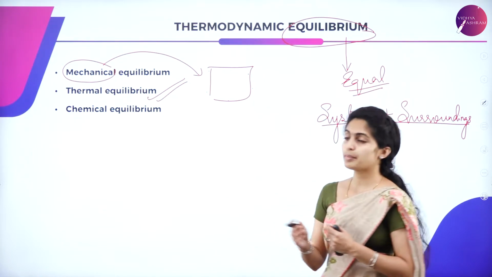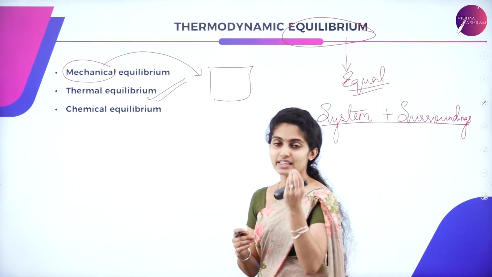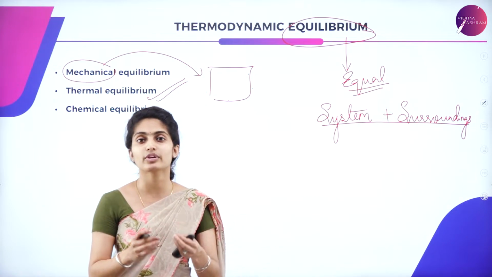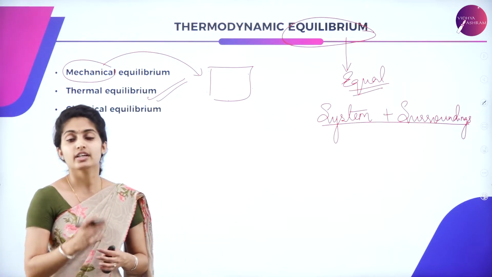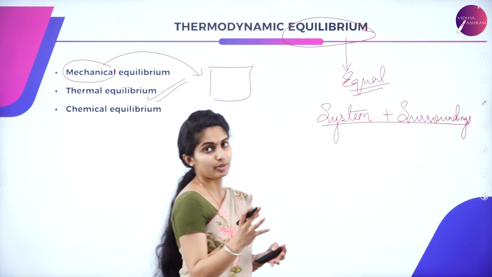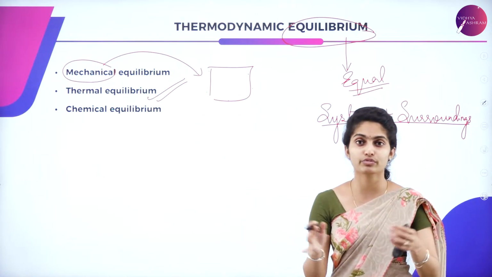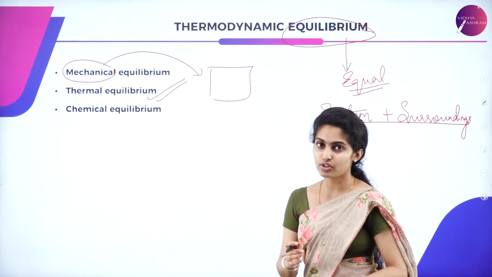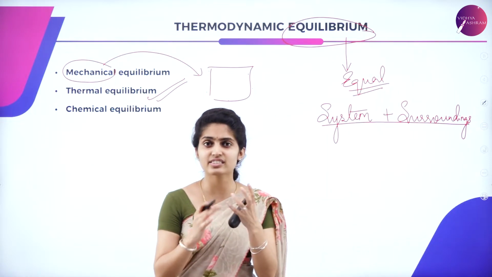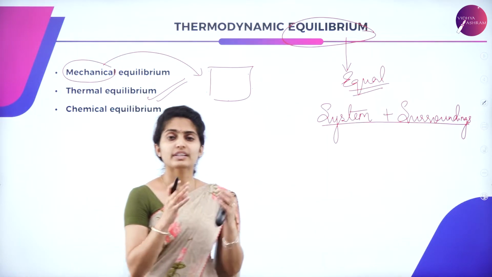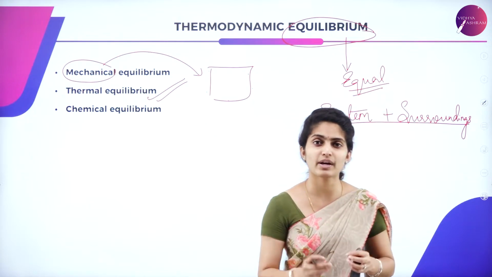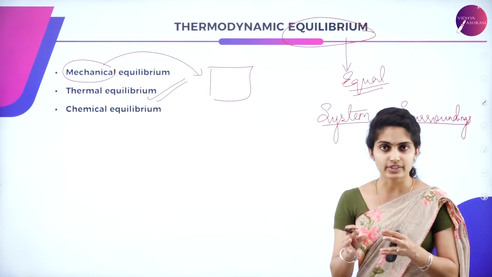Last point, that is chemical equilibrium. Again, equilibrium is a tendency of the body to be in uniformity. So what is this chemical equilibrium here? The chemical composition of the system. If you're considering a solid system or liquid or gaseous, any system of your choice, you know that each state of matter is made up of components. What components?